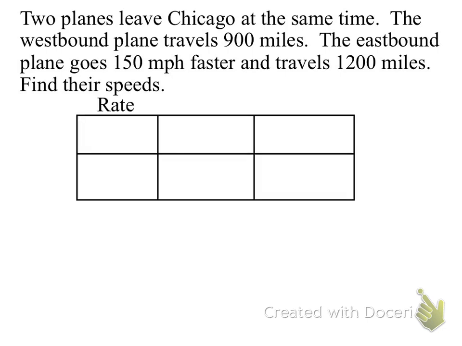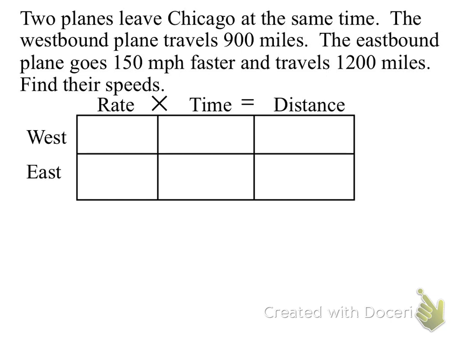Rate times time equals distance, right? Okay, now, I've got 2 planes, one going west and one going east. So, don't worry about it. It's the same stuff. It's going to be easier this time. Let's fill in what we know. 2 planes leave Chicago at the same time.